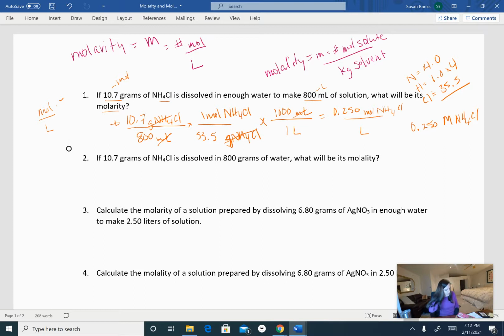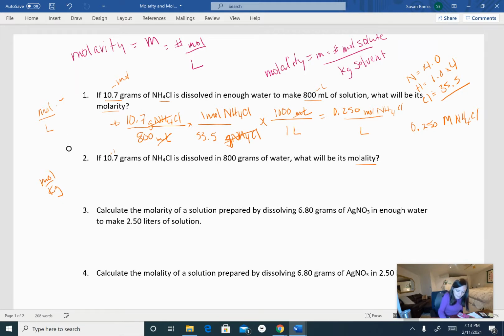Okay, number 2. I've got 10.7 grams of ammonium chloride and I'm dissolving it in 800 grams of water. What is the molality? Here I'm not wanting moles per liter, I'm wanting moles per kilogram. Our solute and our solvent is the same.